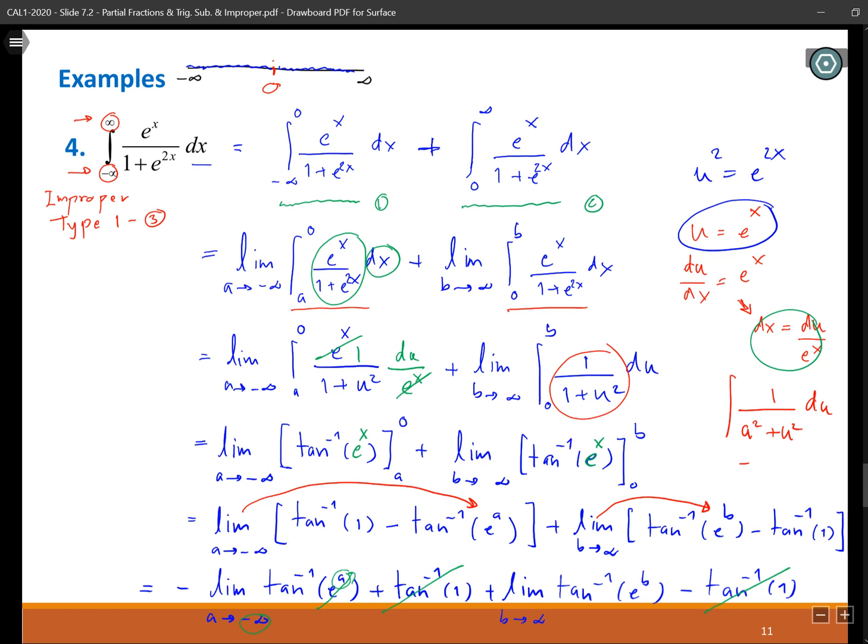E to the power of minus infinity, which means that this is going to approach 0. Now inside of here, infinity is going to go to b right here, so the inside of this arctan is going to go to infinity.